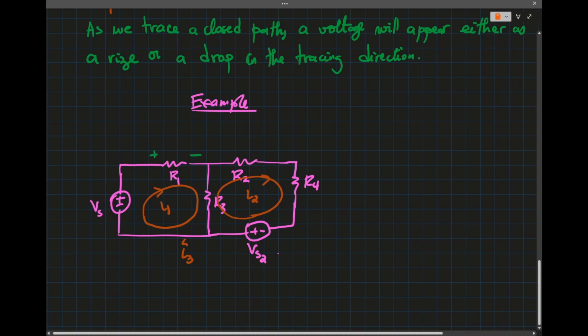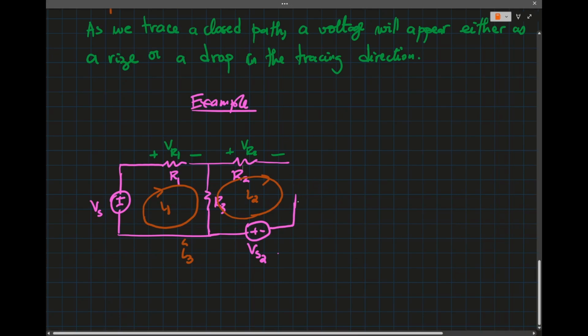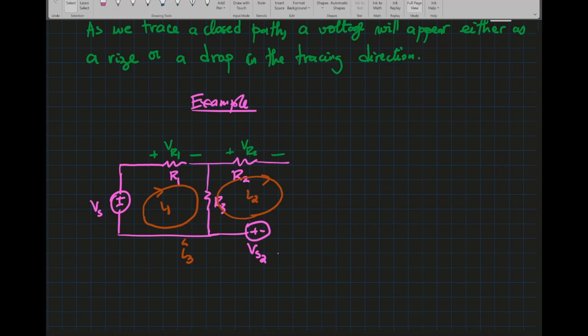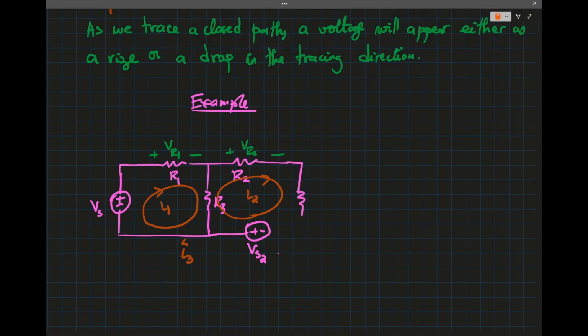So let's say this is VR1 and I'll call this VR2. Let me redraw this correctly so it's not cluttered. So this is R4, so we called it.